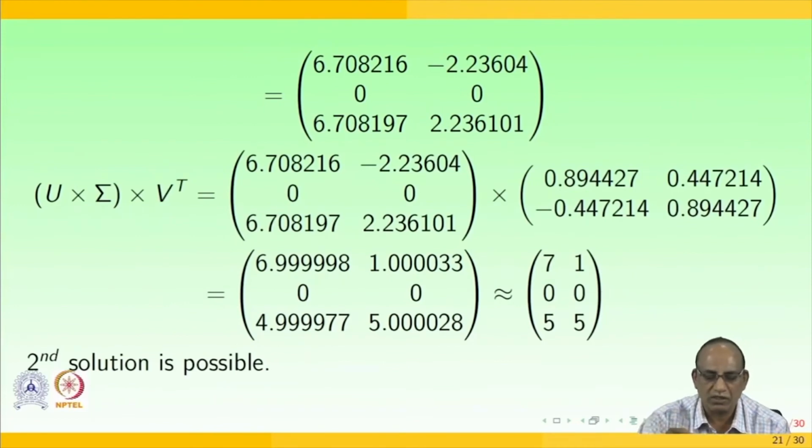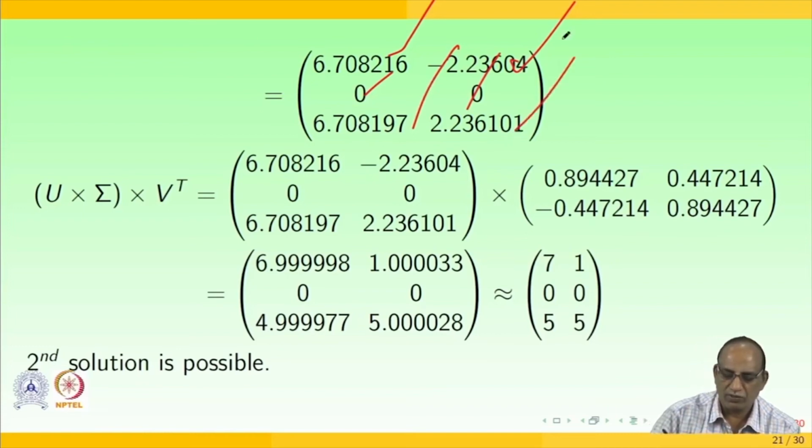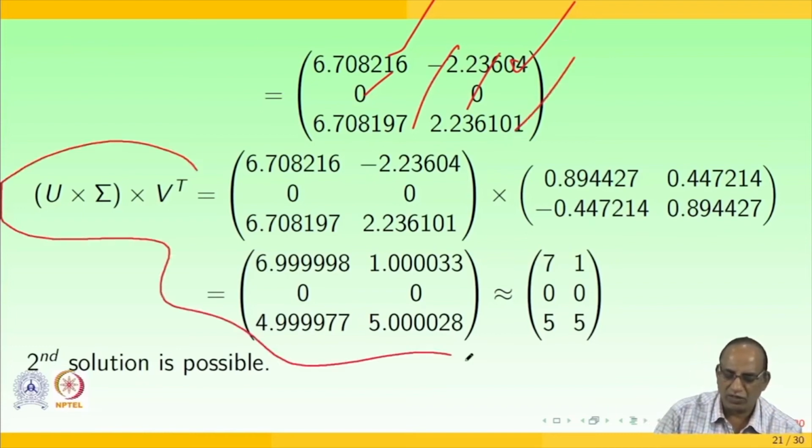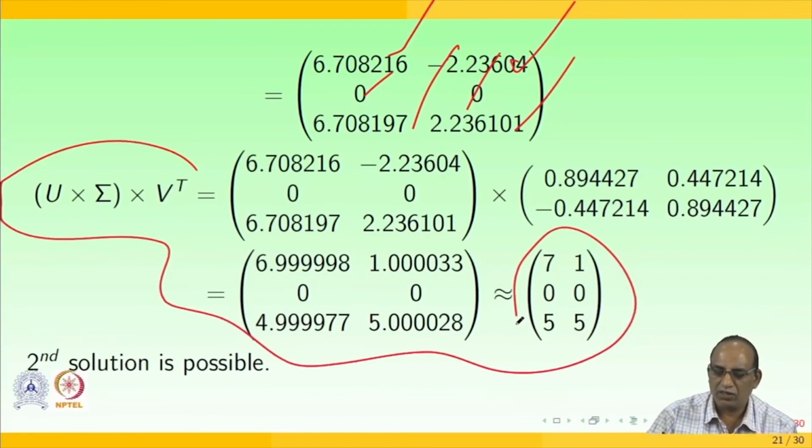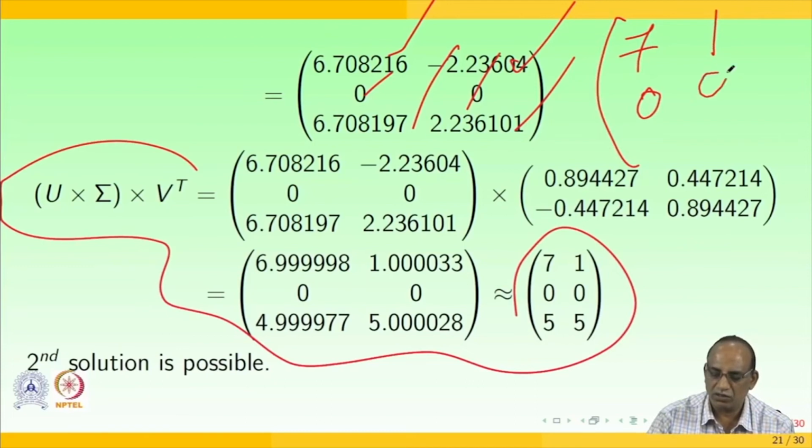So this is 6.708216, minus 2.23606, 0, 0, 6.70817, 2.2361. So when you multiply this matrix, you do get this matrix. Essentially this is 7, 1, 0, 5, 5.